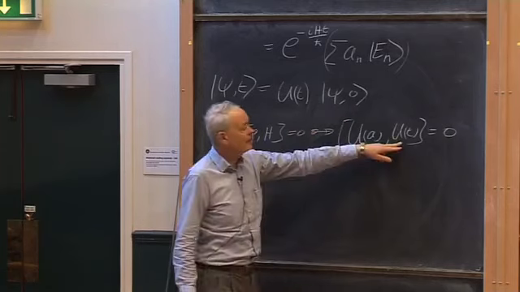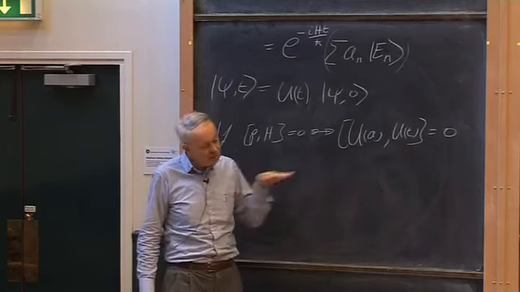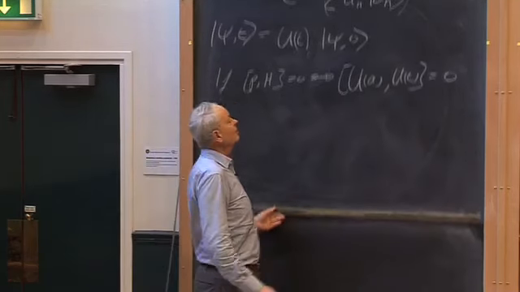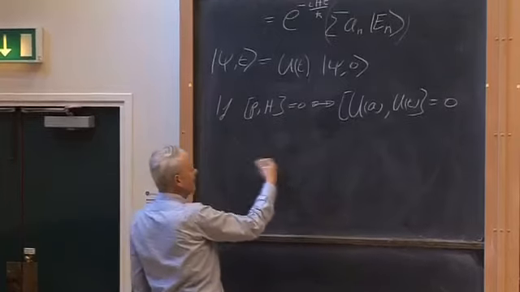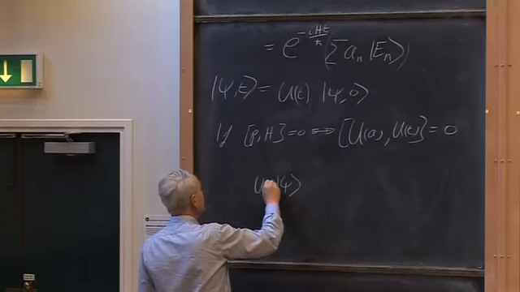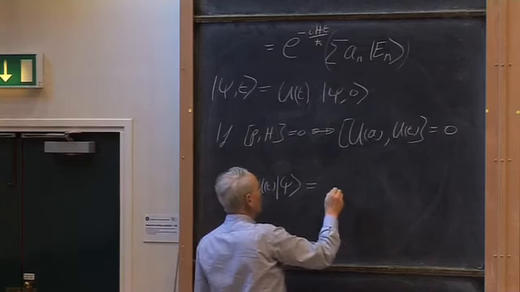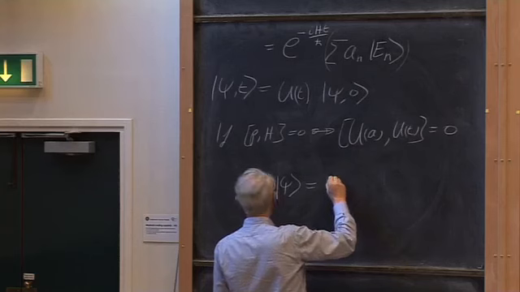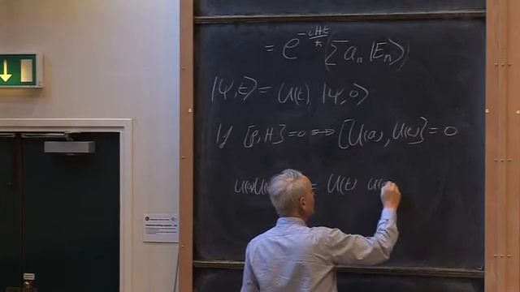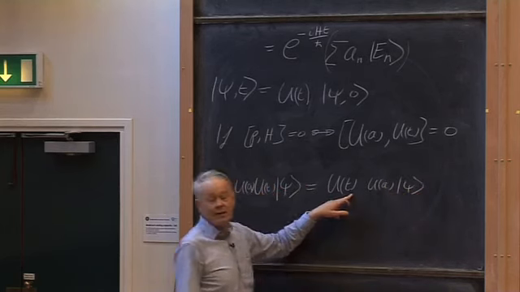Right? This is the thing that moves you forward in time. This is the thing that makes you a new system shoved along the bench by A. So what does that tell you? That tells you that if you take the state of your system and evolve it in time, and then shove it along the desk, you will have exactly the same state as if you take your system, shove it along the bench, and then evolve it in time.